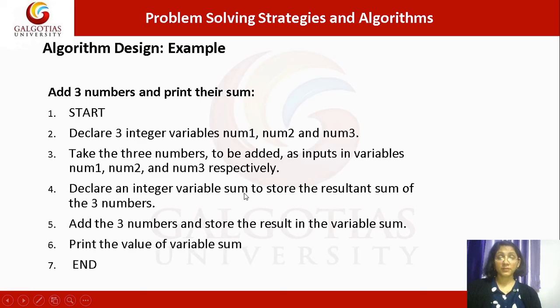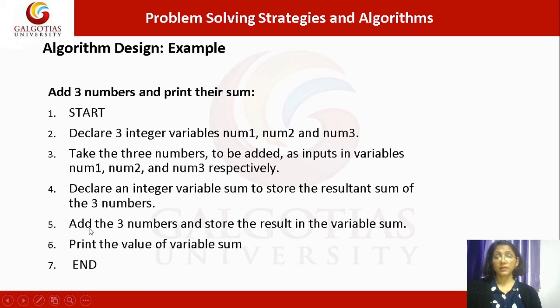Here you observe that the variable sum is an integer variable. Why are we considering it as an integer variable? Because the input variables are also integers, and all of you know that the sum of integers should also be an integer. So in the fourth statement, we are declaring sum as an integer.